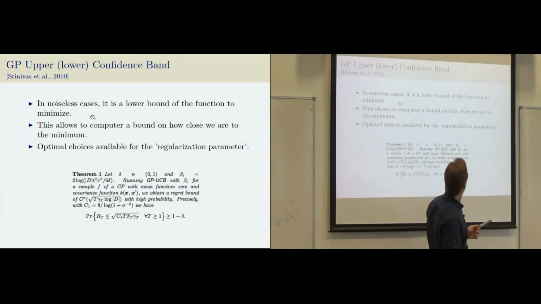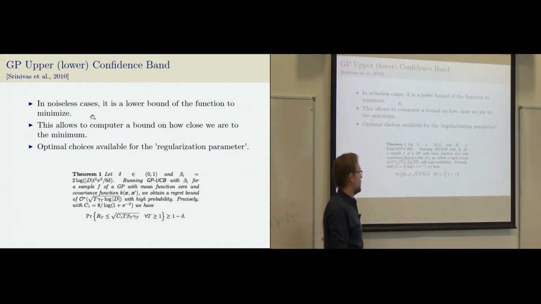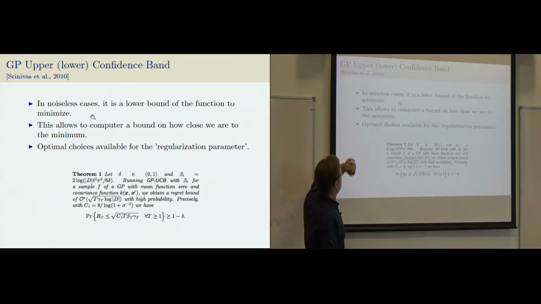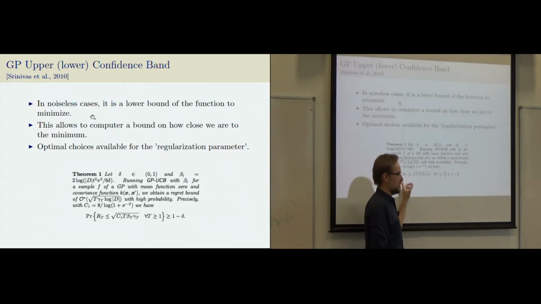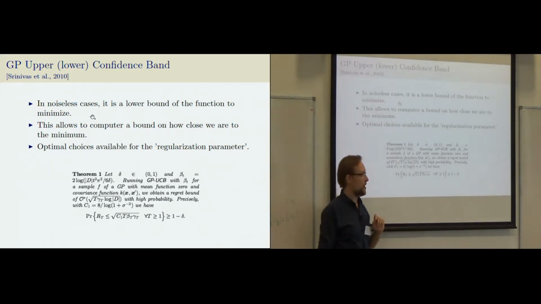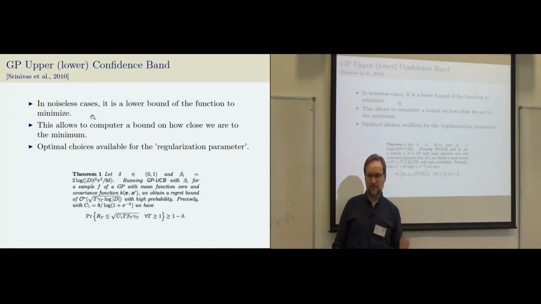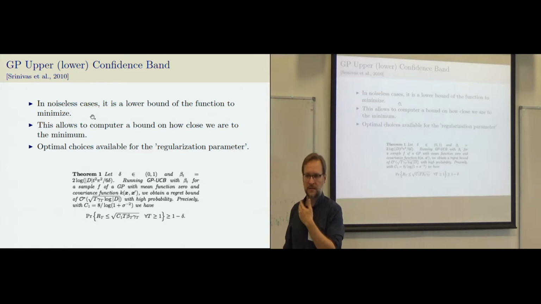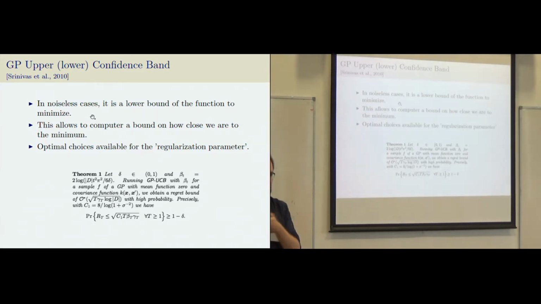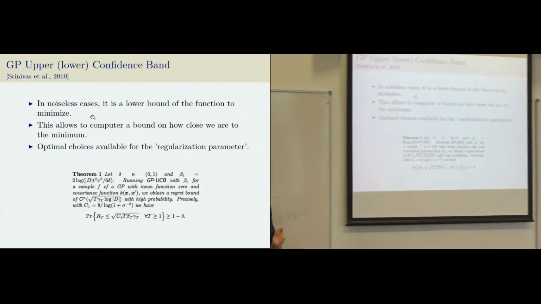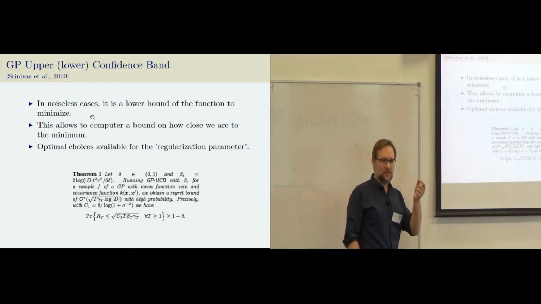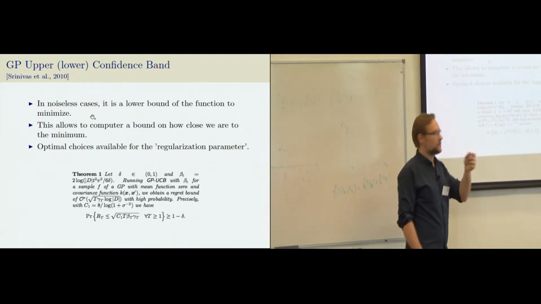So here, this is just a copy and paste of the main theorem of this paper, 2010, in which they bound the regret that you get through the optimization. The regret, I saw it before, but I didn't comment on it, is basically the accumulated difference between the optimum and what you have observed in your sequence of points.